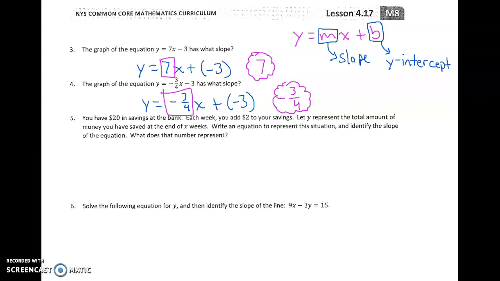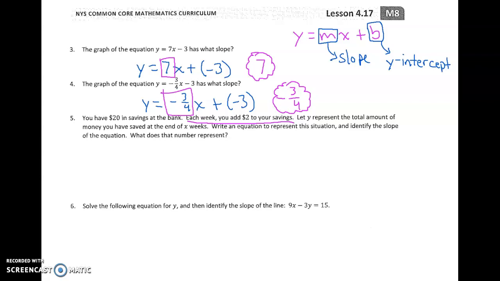Slope, as we've been talking about, also comes under some different names. Here's what I mean. You have $20 in your savings at the bank. Each week you add $2 to your savings. Let y represent the total amount of money you have saved after the end of x weeks. Write an equation, identify the slope.